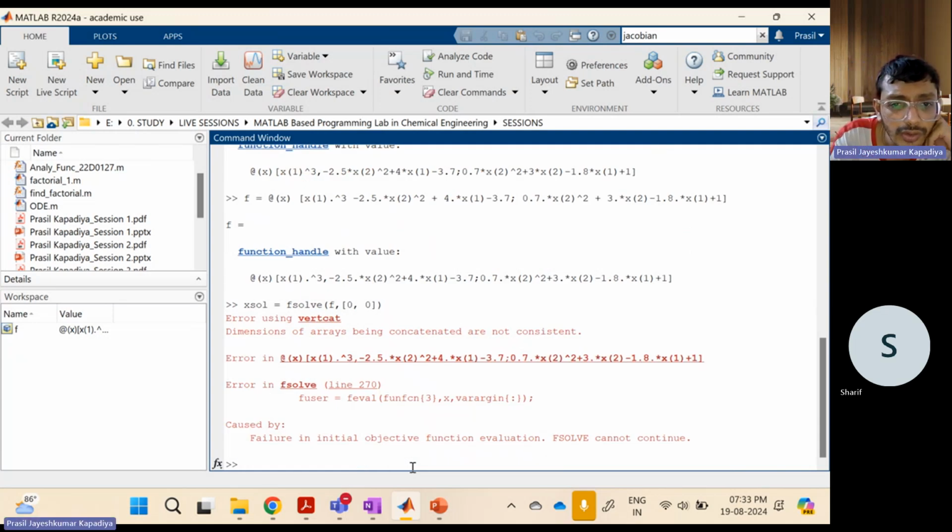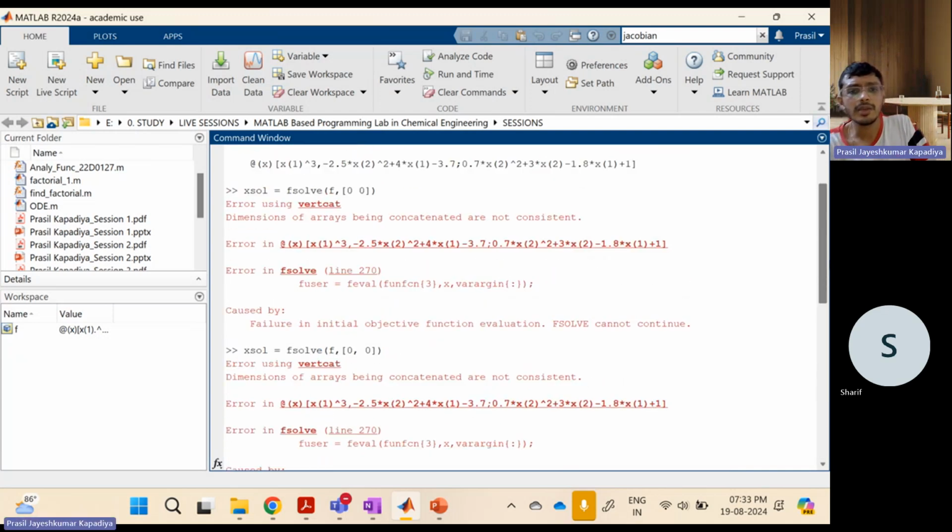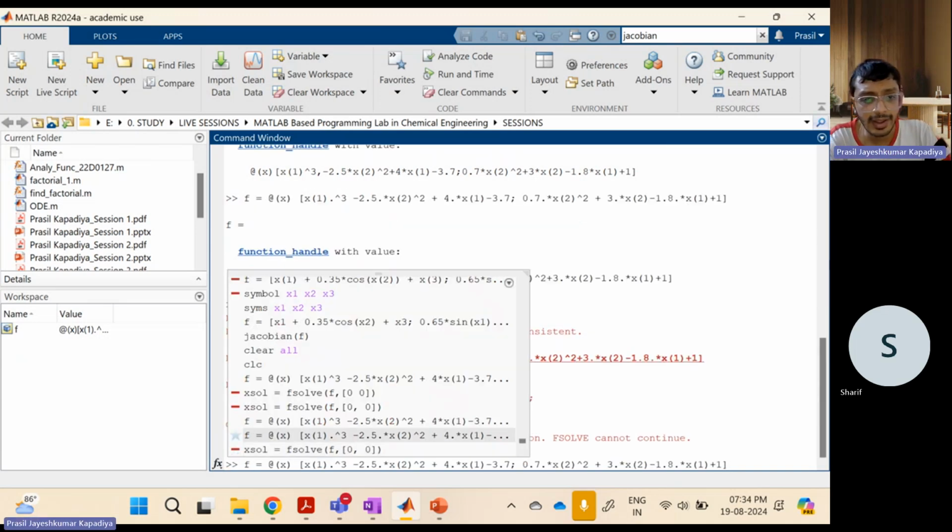It's not working. I don't know why. Okay, there is some typo error. This is x1 cube. I have written it correctly, right? F of x, x1 cube minus 2.5 x2 square.